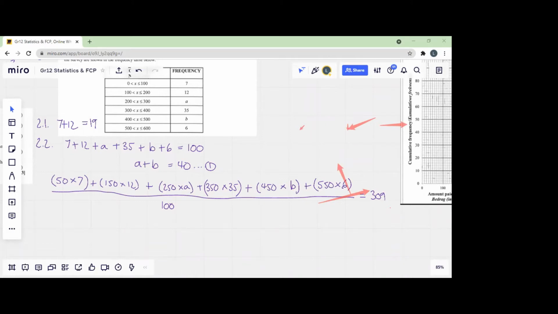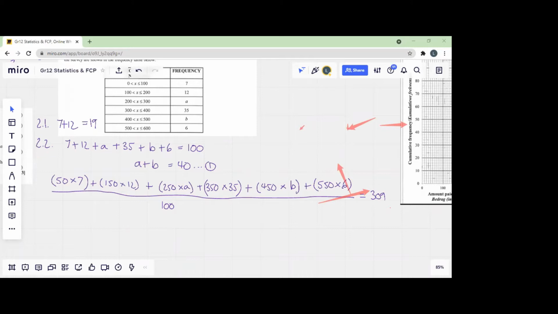Can you see, Melokule, in the numerator, we have 1, 2, 3, 4, 5, 6 terms, okay? One of them has an A in it and the other one has a B in it. So those terms would be unlike the others. So what I want you to do is this. I want you to work out what is 50 times 7.